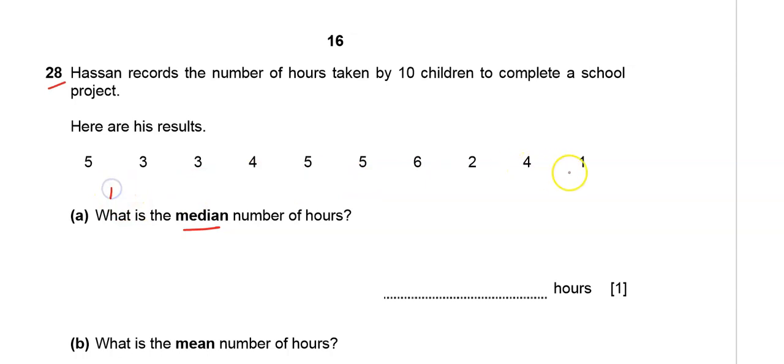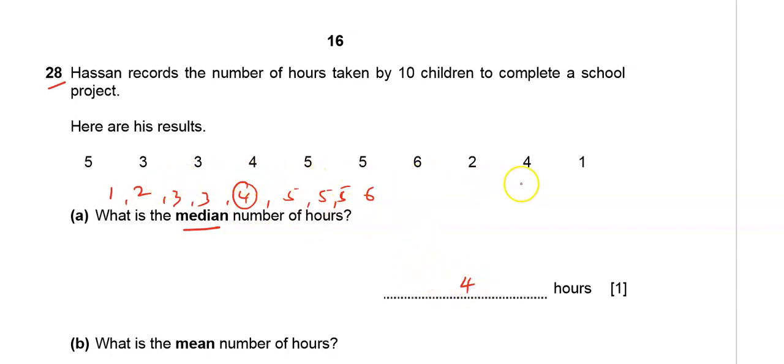So there's 1, 2, there are 2 3s, there is 4, and 5 5s, and there's 6. So the median is the middle number: 1, 2, 3, 4, 5, 6, 7, 8, 9. So the middle number is 4. So the median is 4.